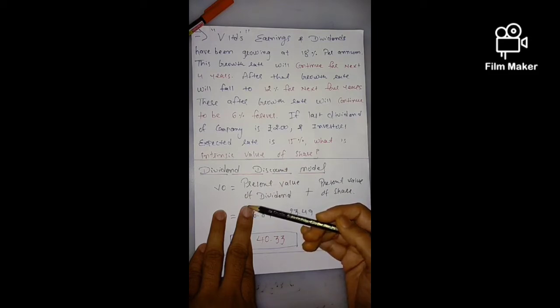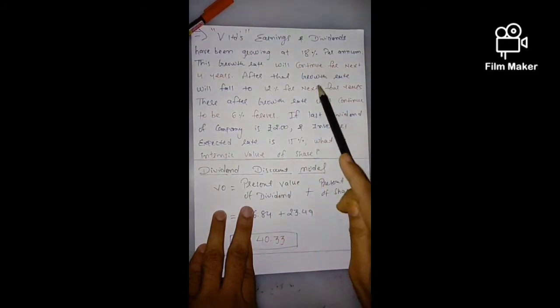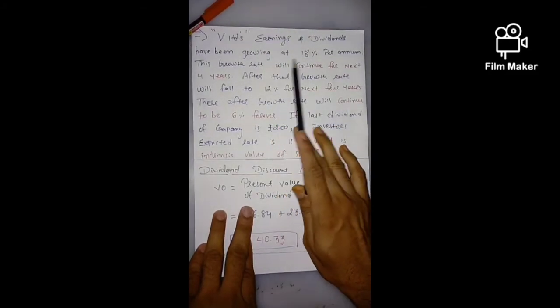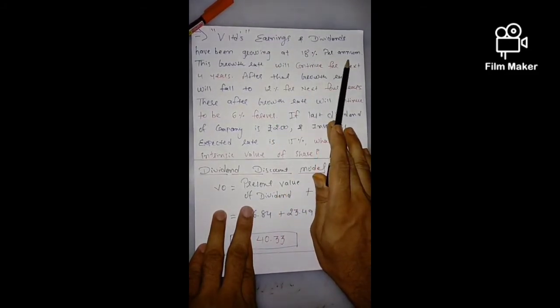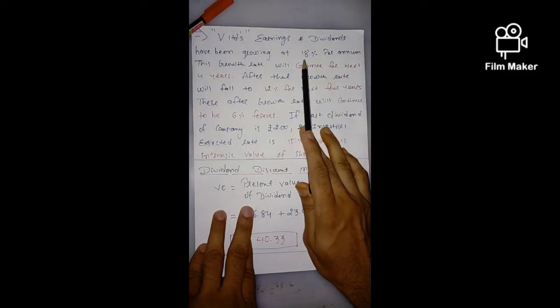So the question which we will solve in the dividend discount model is V Limited. It has earnings and dividend which have been growing at 18% per year. That means every year the company is growing by 18%.